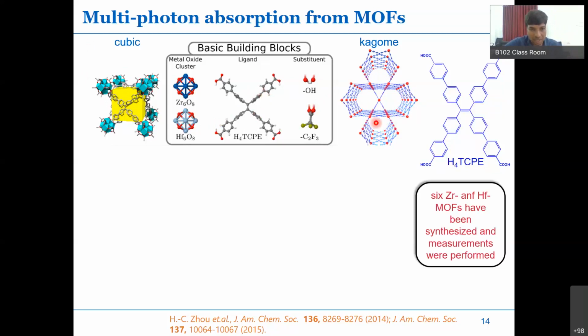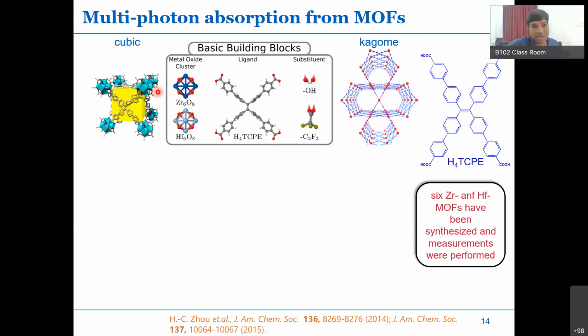The second one is the Kagome lattice, where all the red bars are metal oxide clusters and these blue sticks are linkers. So by controlling the structures, you are able to produce different structures.